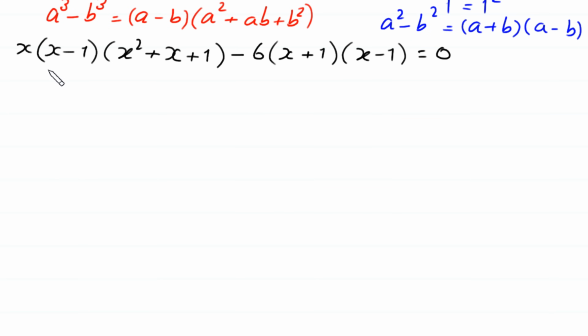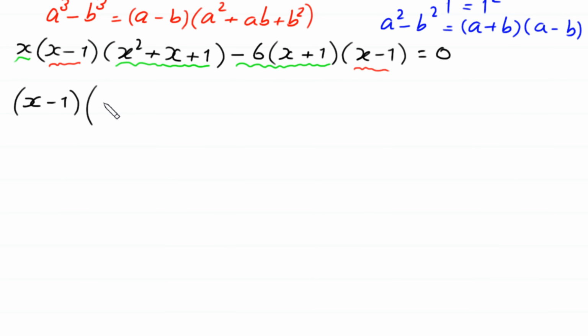Now as you can see, this factor x minus 1 is a common factor, so we factor out this x minus 1. x minus 1 is a common factor, and in bracket, this x times x squared plus x plus 1, and this negative 6 times x plus 1.